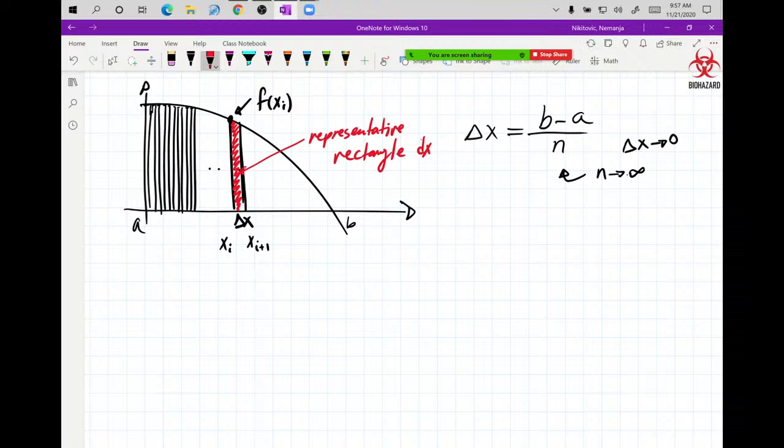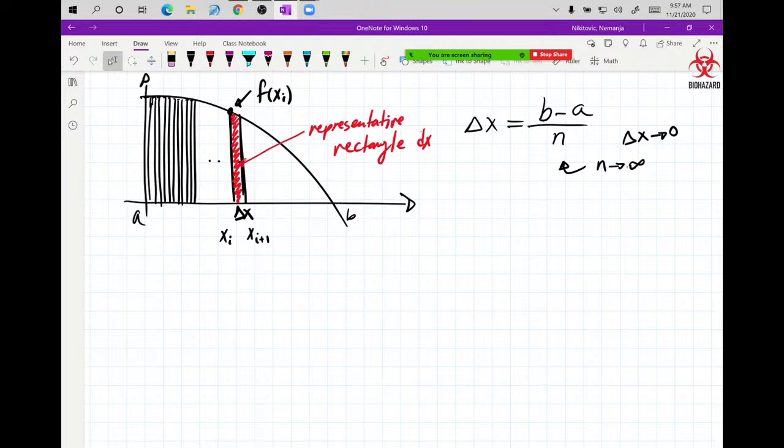We'll give it a name, dx, later. So if you look at your representative rectangle, this is what I can do. I can say, well, this representative rectangle here is simply f of xi times delta x.